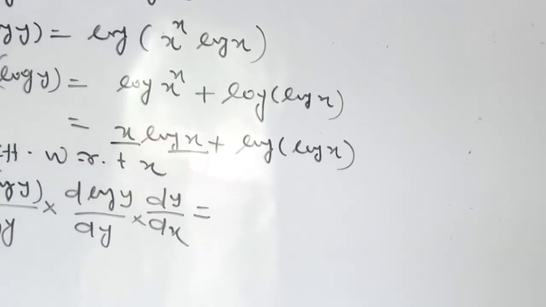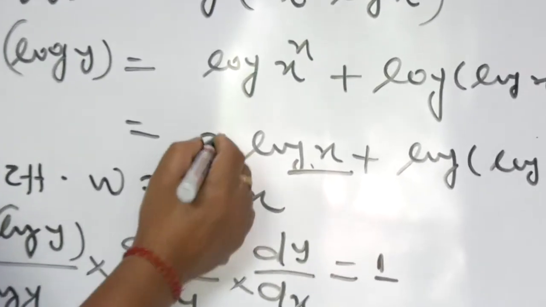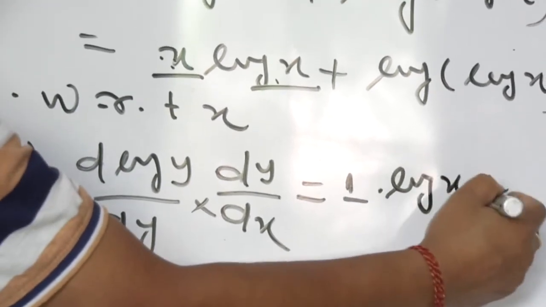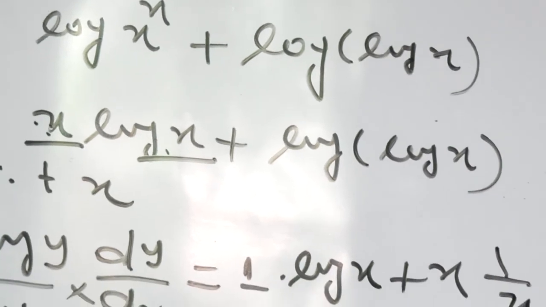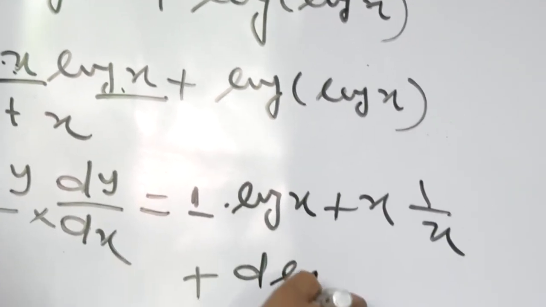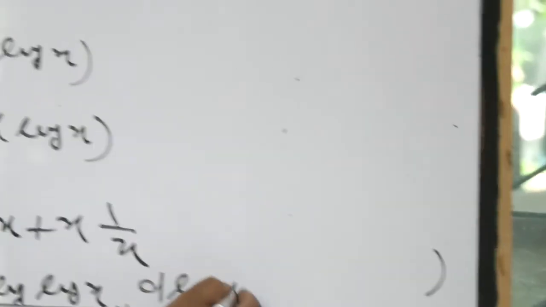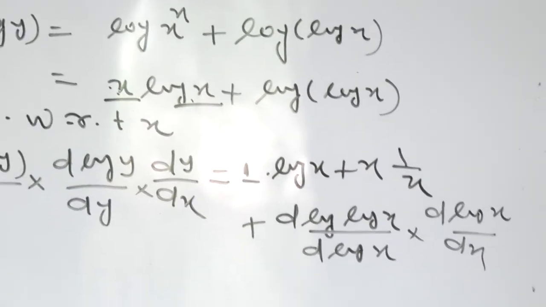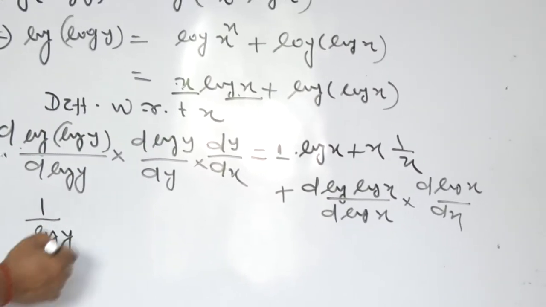We have to use the product rule here because x and log x are multiplied together. Derivative of x is 1, keeping log x fixed, plus x, derivative of log x is 1 by x, plus derivative of log log x with respect to log x, again derivative of log x with respect to x. Derivative of log log y with respect to log y is 1 by log y.